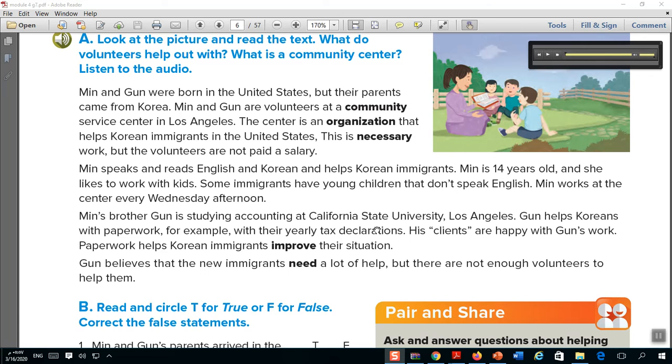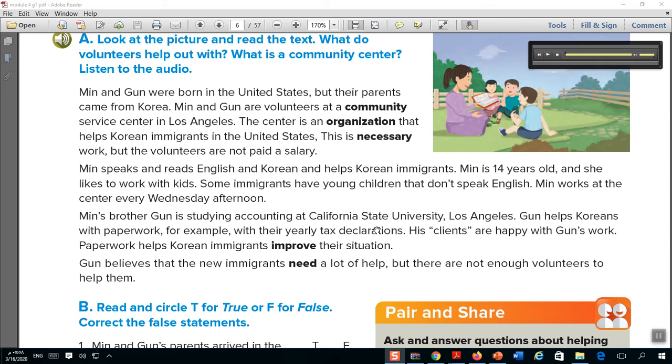For example, question number one, pay attention. Where were they born? The second question, where did their parents, their father and mother, come from?